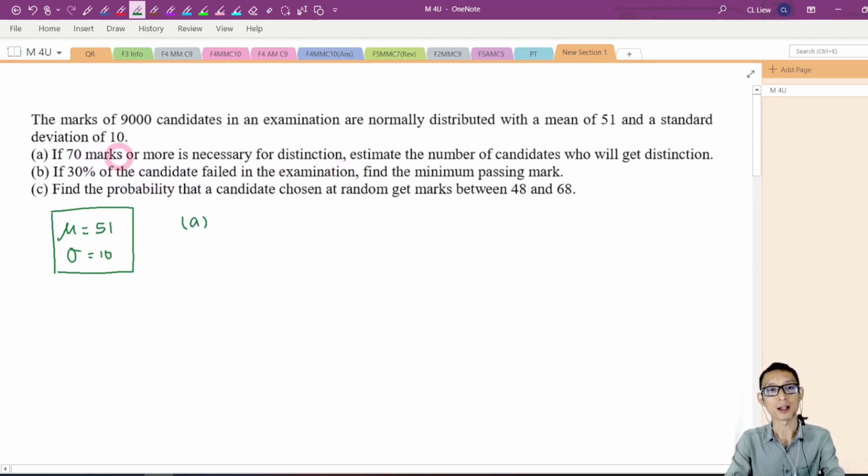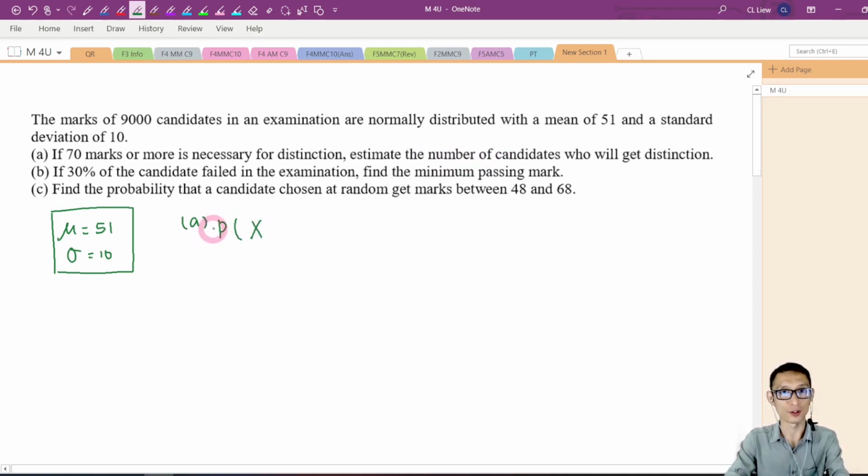Now let's look at part A. If 70 marks or more is necessary for distinctions, estimate the number of candidates who will get distinction. What I'm going to do here is find the probability of a student getting distinction first, and then use that probability to help us get the estimated number of candidates who will get distinction.